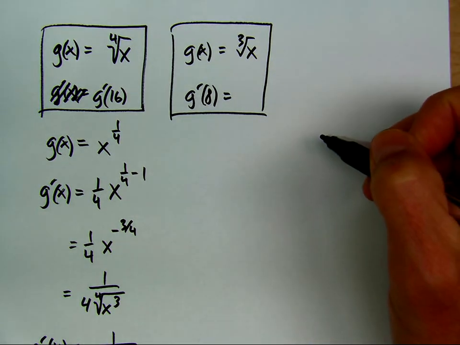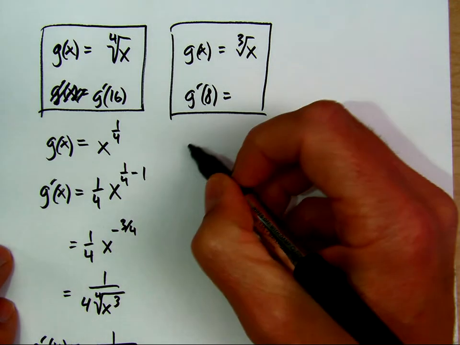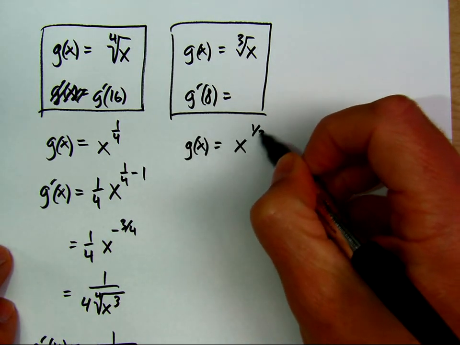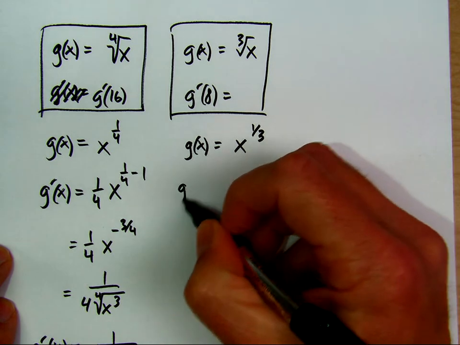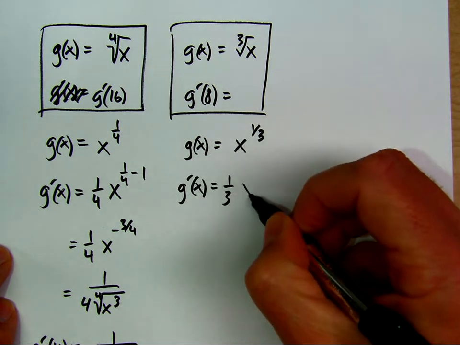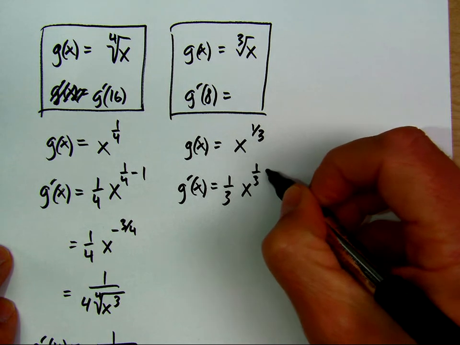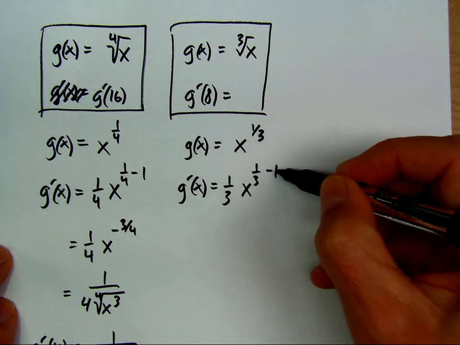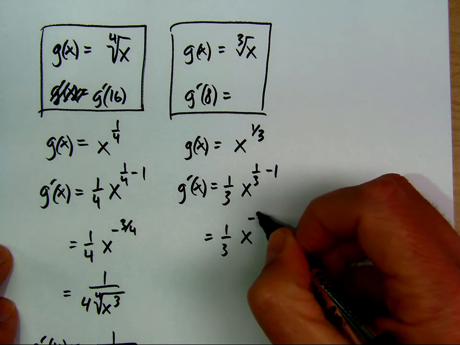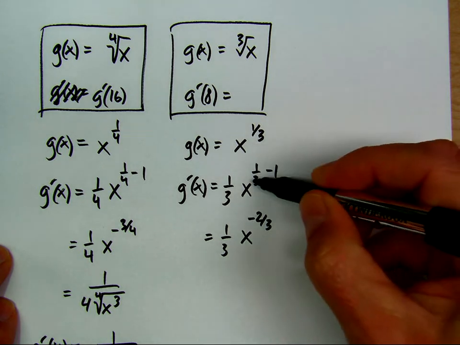All right, pause the video and try that one. Rewrite it as a fractional exponent, multiply by the power, and subtract 1. This 1 is 3 over 3, so this will be negative 2 over 3. 1/3 minus 3/3.